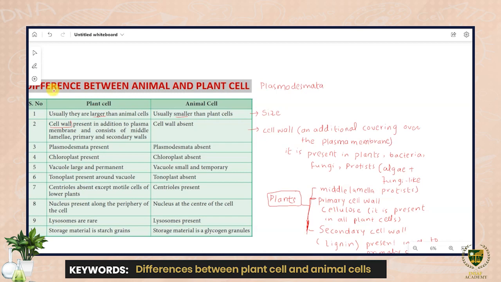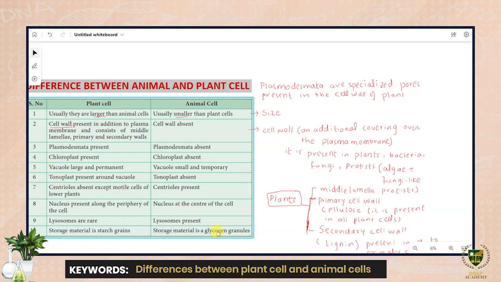Plasmodesmata are specialized pores present in the cell wall of plants only. Clear? Through which the cytoplasm of one cell is connected to the cytoplasm of the other cell.